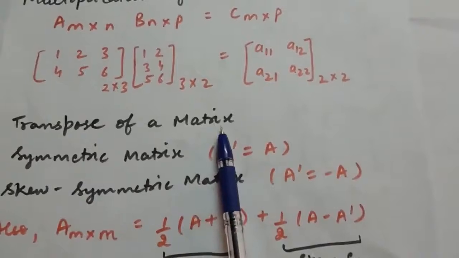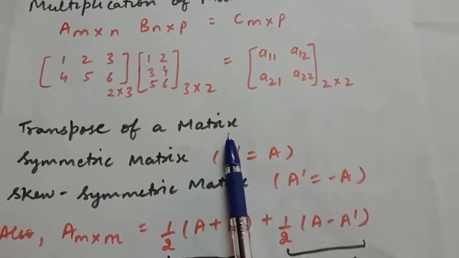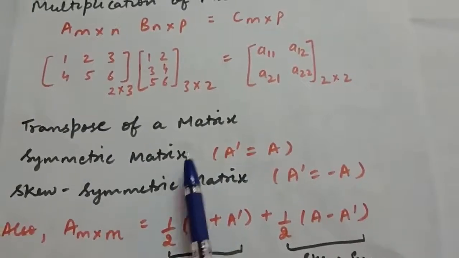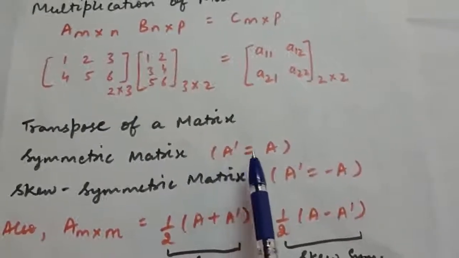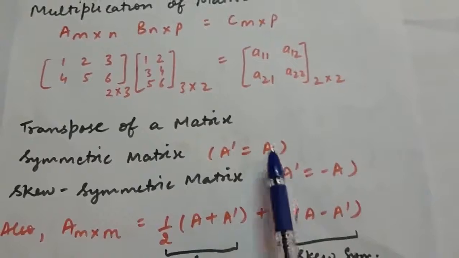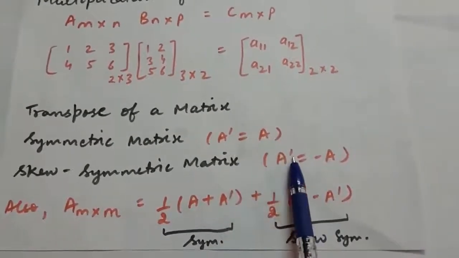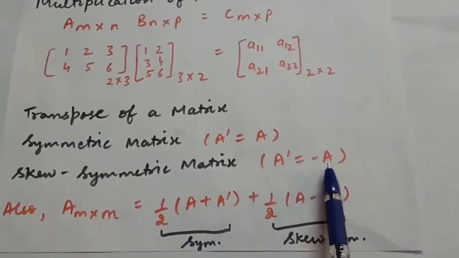That is, rows become columns and columns become rows. Now symmetric matrix is a type of matrix when A transpose is equal to A, and skew symmetric matrix is a matrix in which transpose of A is equal to minus A.